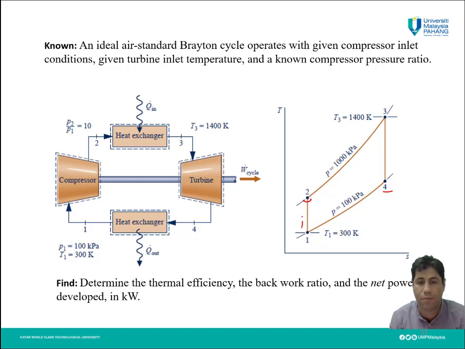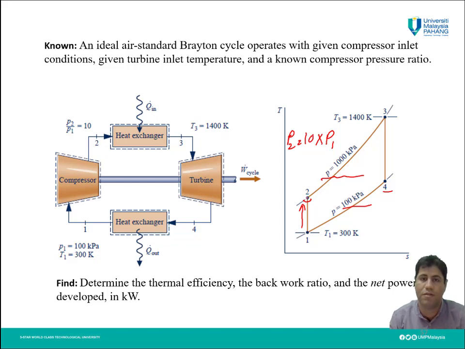You know, here we have compressor, then air will compress during this process. Pressure initially is 100 kilopascal. It will increase by 10 times actually. So the pressure here, P2, is equal to 10 times P1. P1 is 100 kilopascal times 10, 1000 kilopascal. So pressure at the state 2 is 1000 kilopascal.